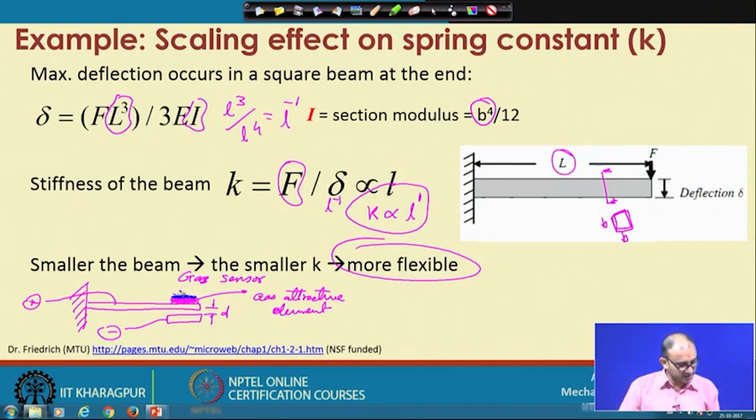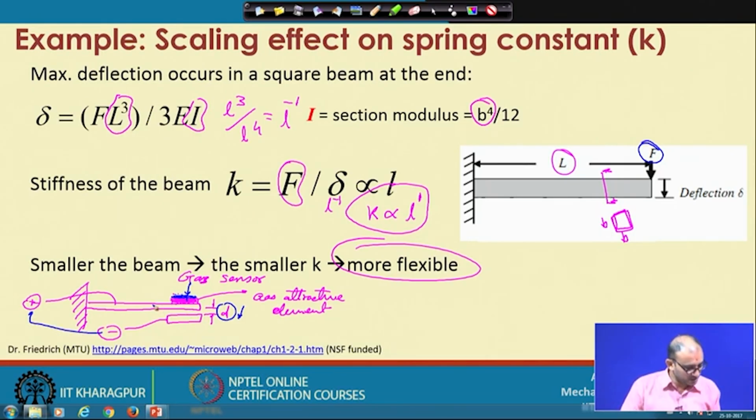Because of that, we consider it as a force parameter F. When this is happening, your F is increasing, you are loading this part, and then your D will decrease. As the D decreases, you will get a different capacitance here, and because of that you will sense the concentration.